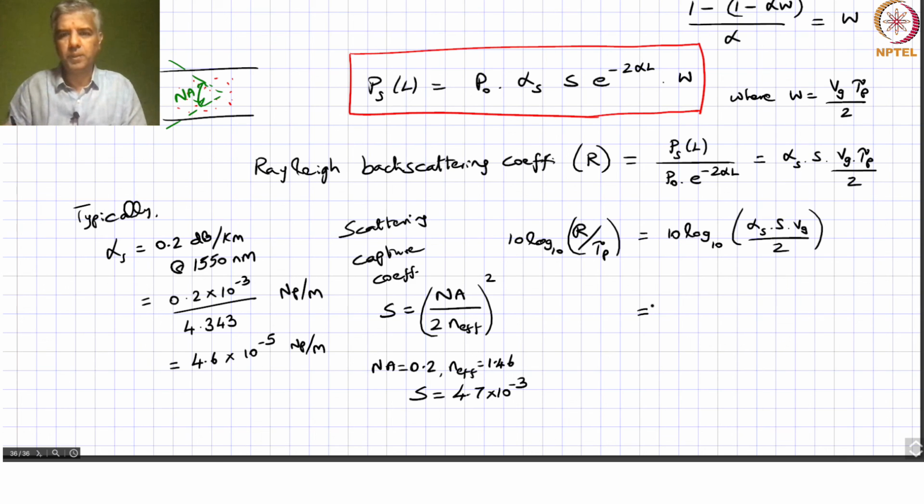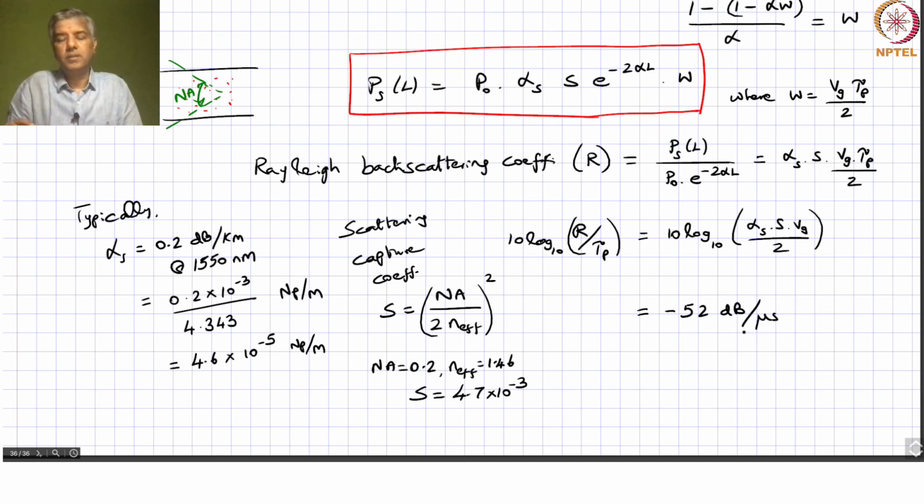Typically the pulse width looked at is on the order of microseconds. So you'll find this is about minus 52 dB per microsecond, which corresponds to 5 orders of magnitude less light compared to the incident light. That is the level of light that's backscattered and captured within the fiber if you are sending a 1 microsecond pulse.